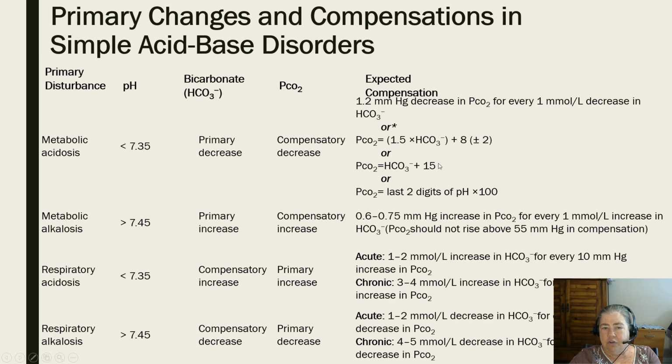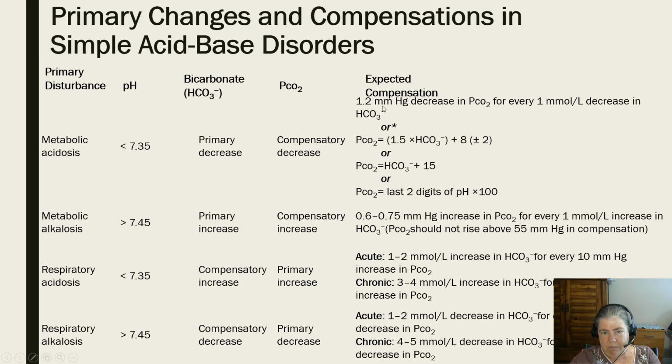This shows you how we compensate. So you will see a decrease in CO2 on the blood gas associated with the decrease in bicarb that you see on the basic metabolic profile.